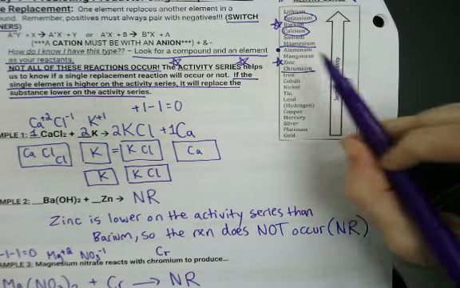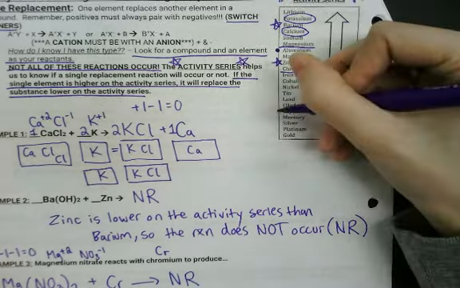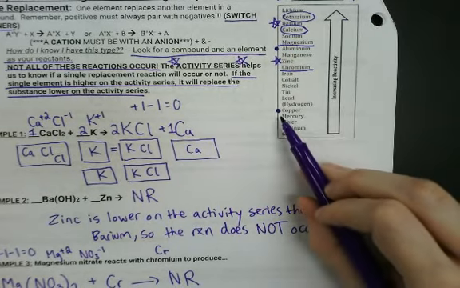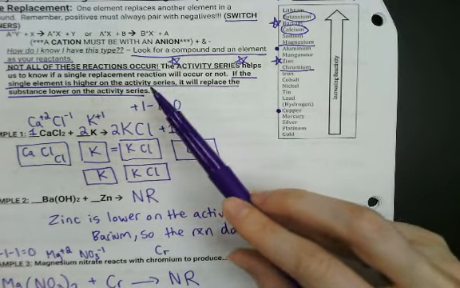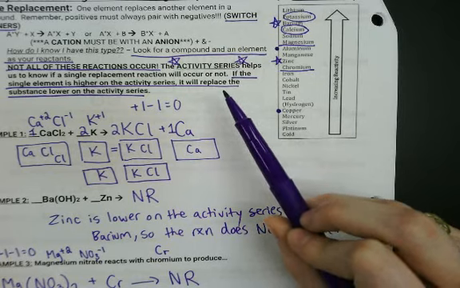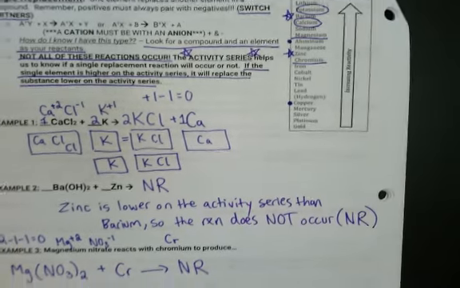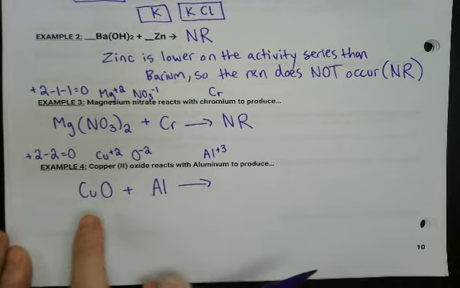I'm going to put a little dot next to it so I can make note that that is aluminum right there. And copper is down here. So in this case, our single element is higher on the activity series. Aluminum is higher than copper. So it will replace the substance lower on the activity series. Aluminum does have what it takes to kick copper out of that spot.